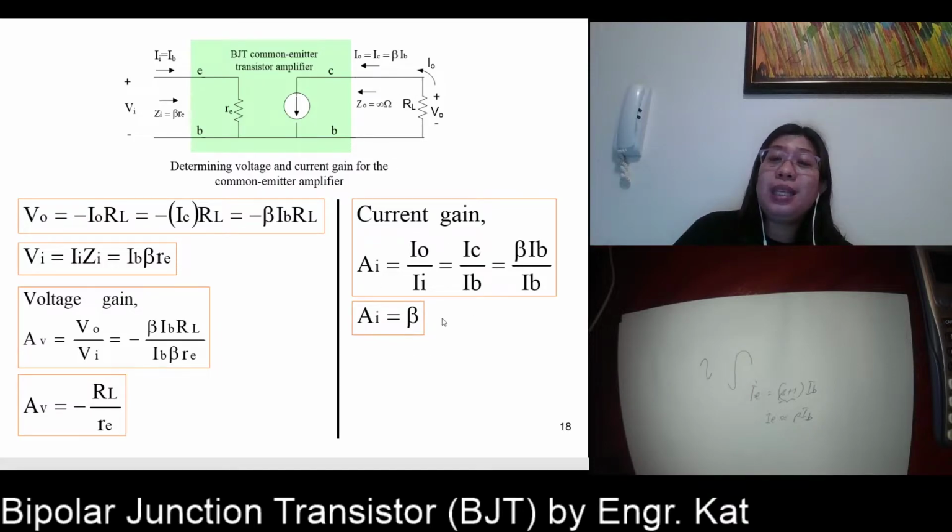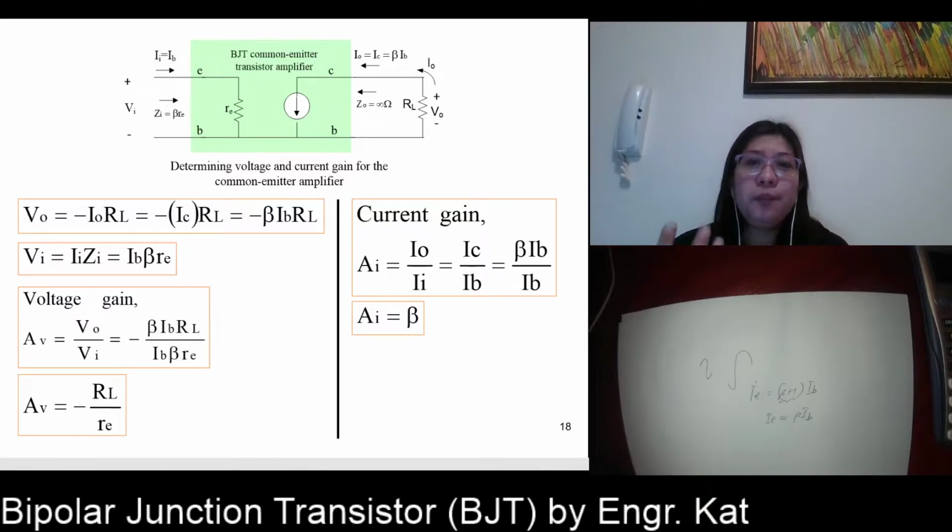Okay, so what does this imply? What is beta? Beta is a parameter which is greater than 1. So that means, class, that for common emitter configuration, there is a current amplification. Likewise, there is a voltage amplification. Unlike in common base, we are amplifying only the voltage and not the current.